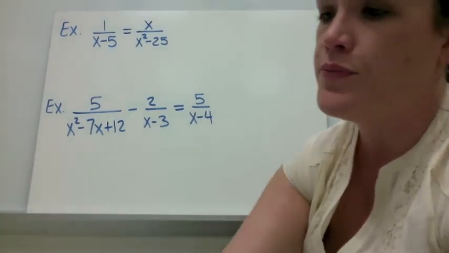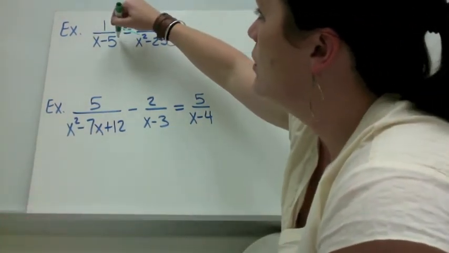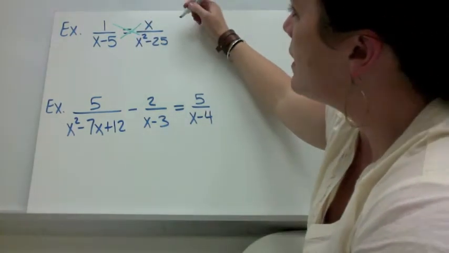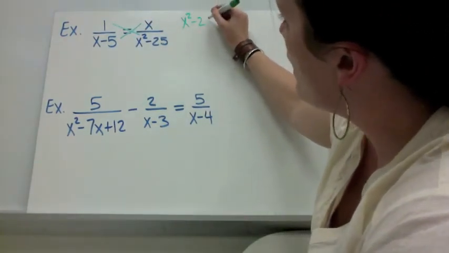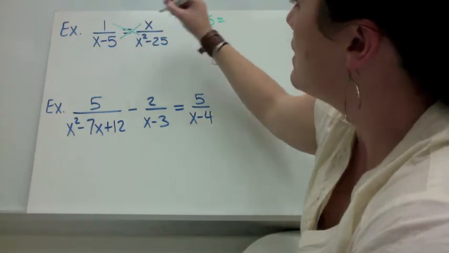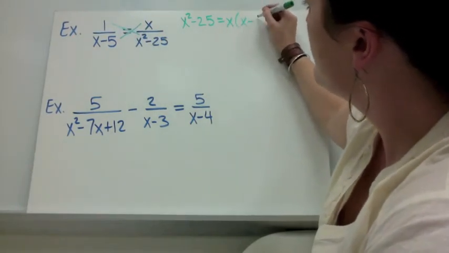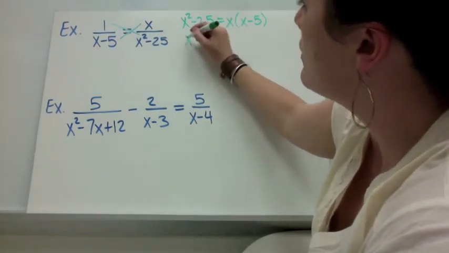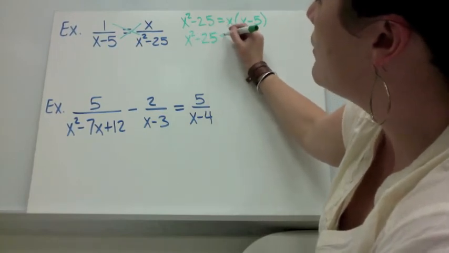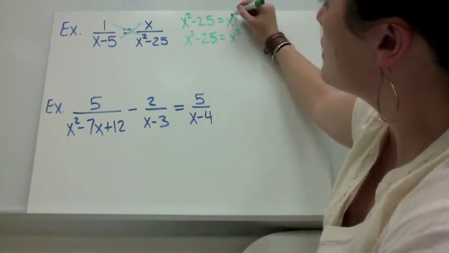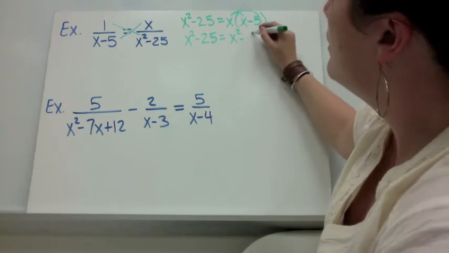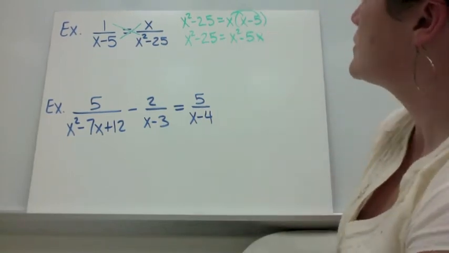So these 2 equations, but let's start with our first method, which was cross multiplying. So we get x squared minus 25 equals x times x minus 5. So we get x squared minus 25 equals x squared, because I've got to distribute my x, minus 5x.